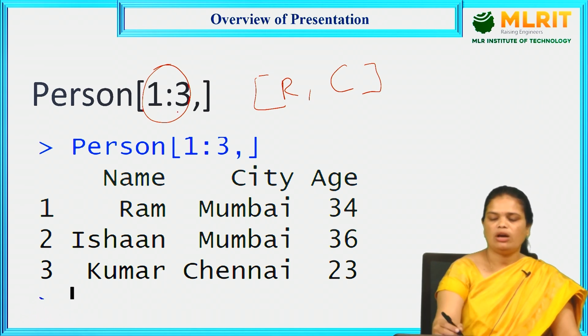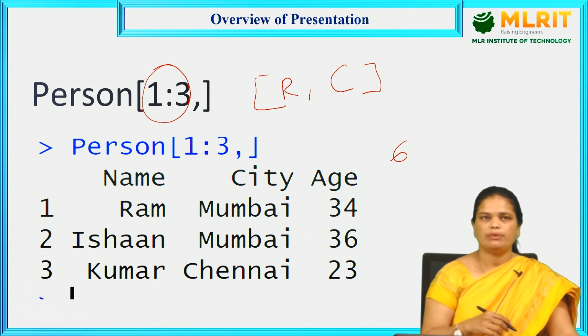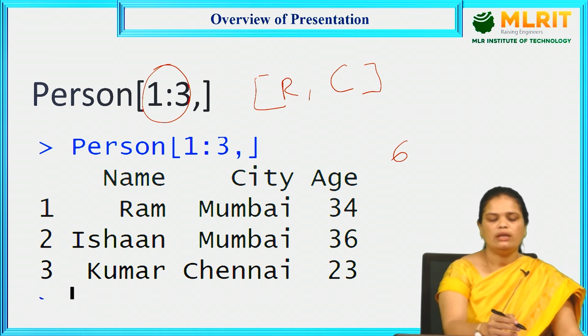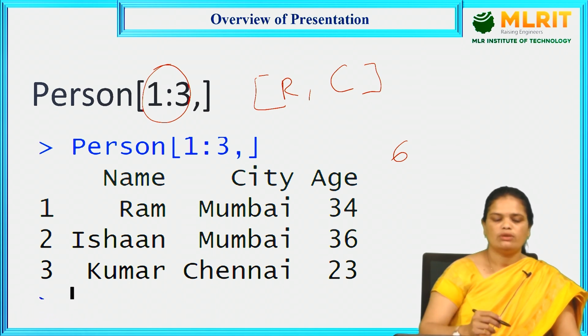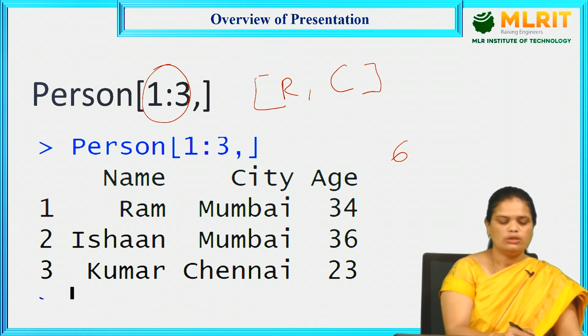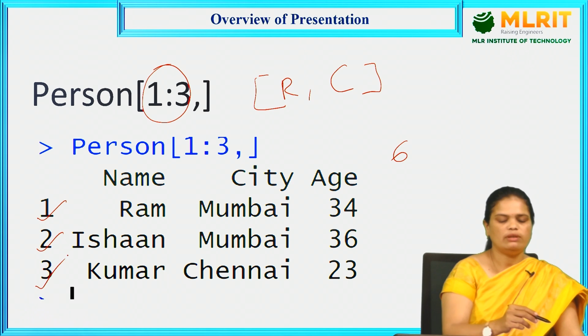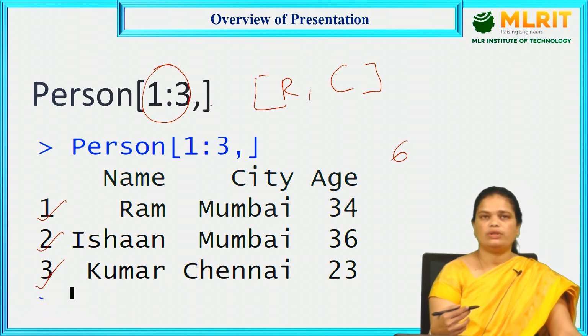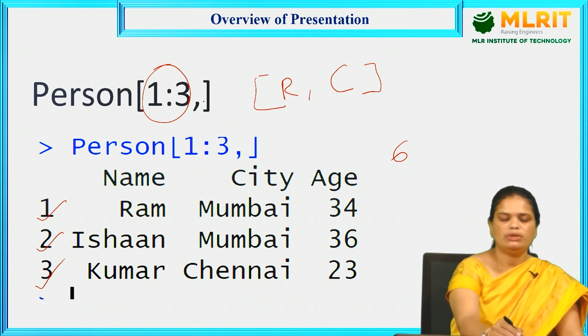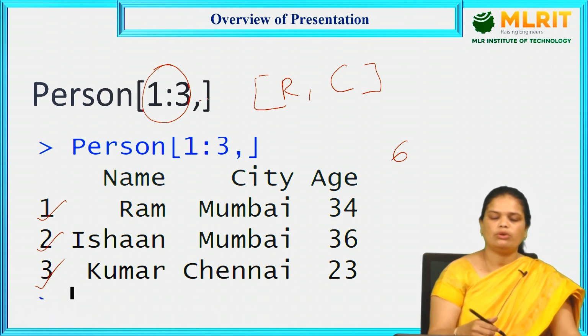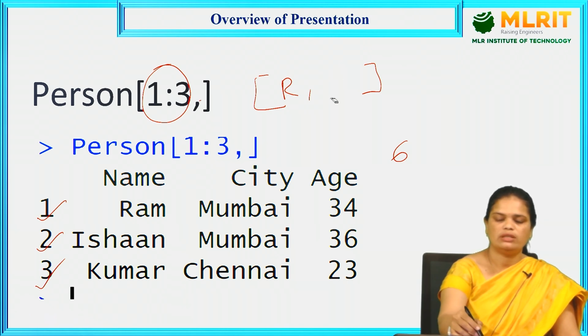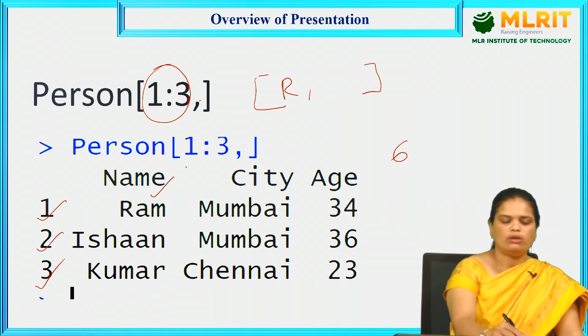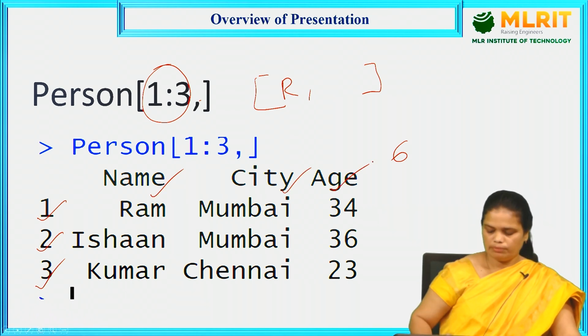There are actually 6 rows in the data frame, and among them we are selecting only rows 1 to 3, so only 3 rows of data will be displayed. You don't have any condition for the column; it is empty here. You have only a row condition, so all 3 columns will be displayed.